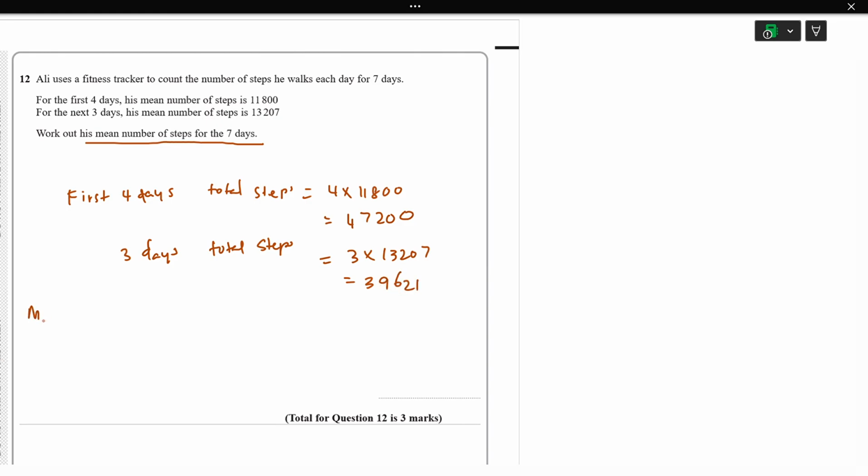So the mean of 7 days is 47200 plus 39621 over 7. The answer is 86821 over 7, which is 12403. That's the final answer.